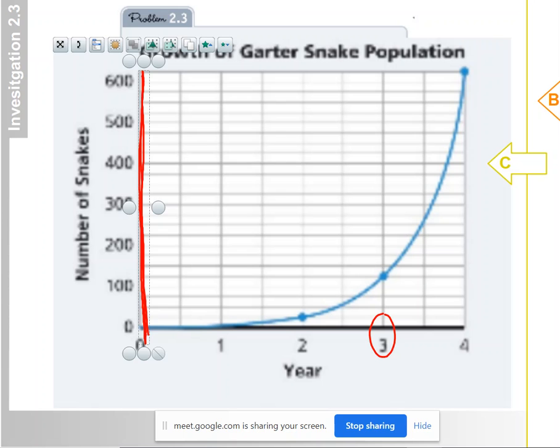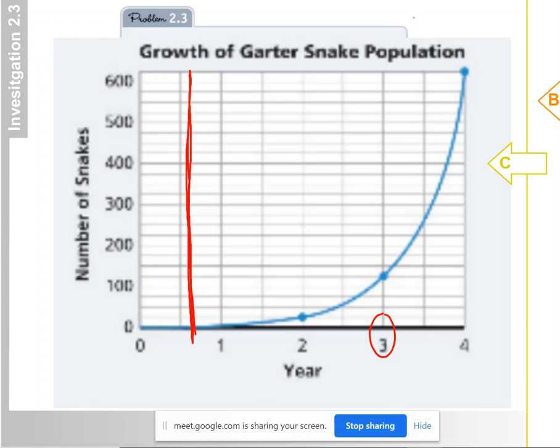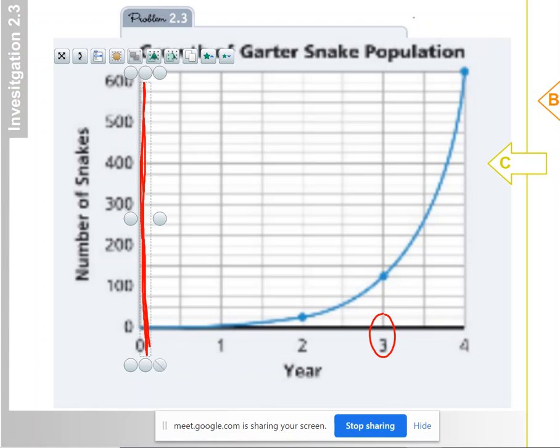The vertical line test is simply if you pass a vertical line across the function, the vertical line is touching the function in exactly one place at all times. Is this blue graph ever touching my red vertical line more than once at a time? No. So this function passes the vertical line test, therefore it is a function.